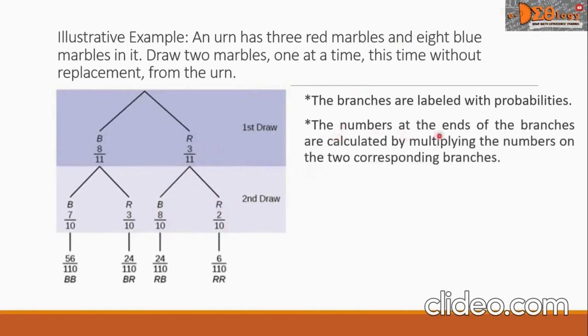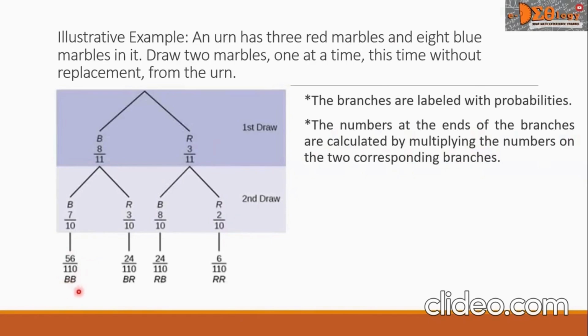The numbers at the ends of the branches are calculated by multiplying the numbers on the two corresponding branches. Here is one probability, 56 over 110, and this represents BB.